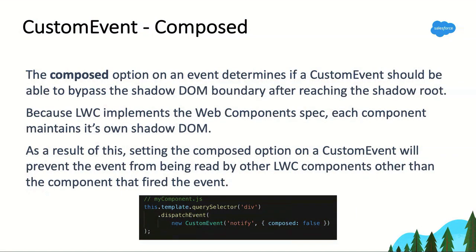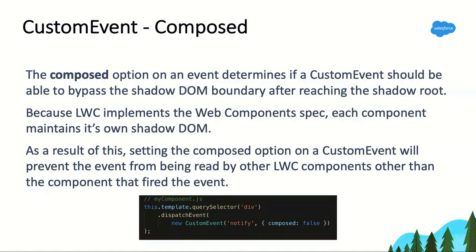The second parameter that you can use is composed. The composed flag determines if a custom event should be able to bypass the shadow DOM boundary after reaching the shadow root. LWC, for the sake of performance and compatibility, implements the shadow DOM spec, which is a specification for building reusable components in the browser. It makes use of subtrees called shadow DOM trees. Each shadow DOM tree starts with a shadow root.